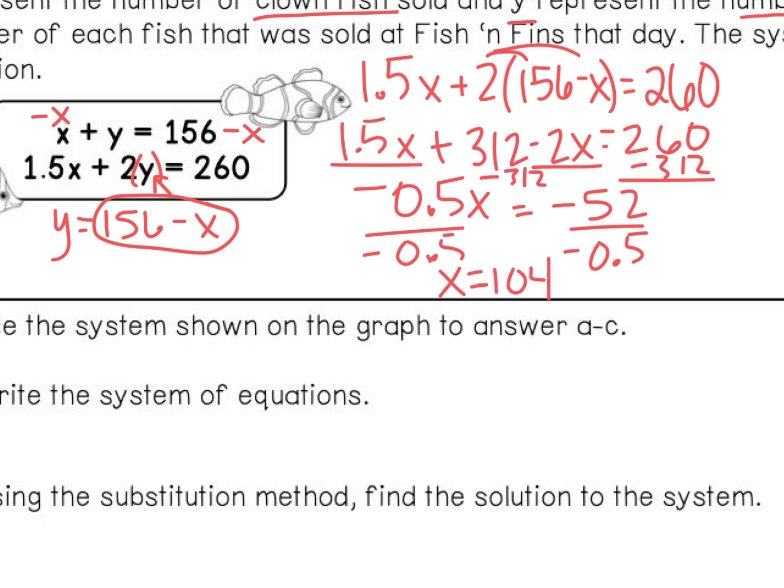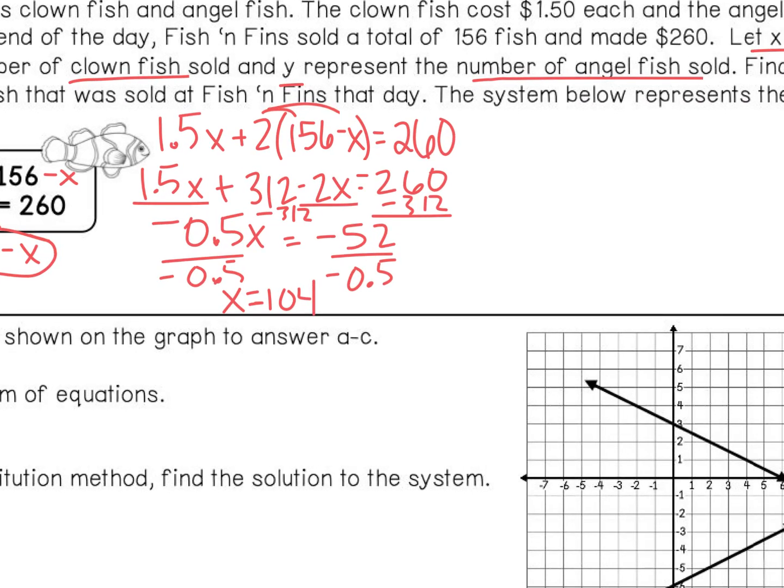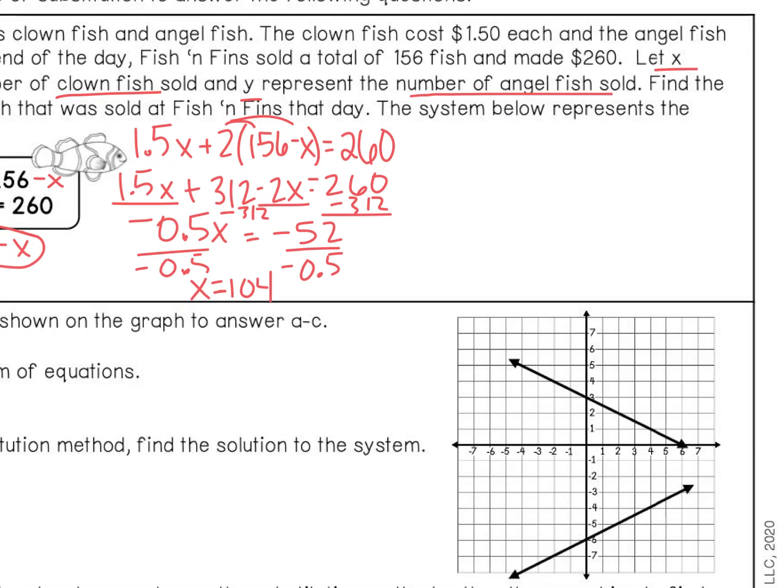You should end up getting 104. Now, remember, go back to your word problem to see. That was X, and X was clownfish. So now we have 104 clownfish. Because when we have a word problem, we have a context for it. And then it said, our original said, X plus Y equals 156.